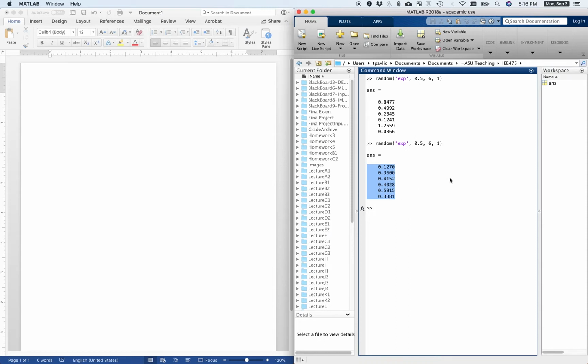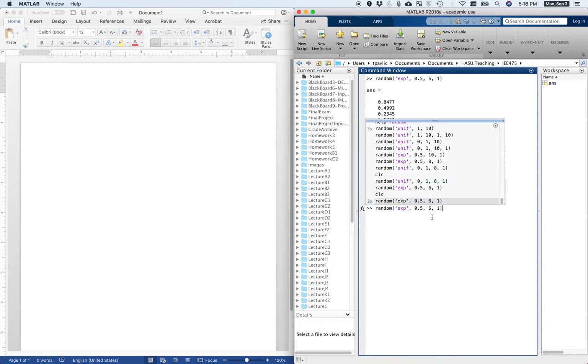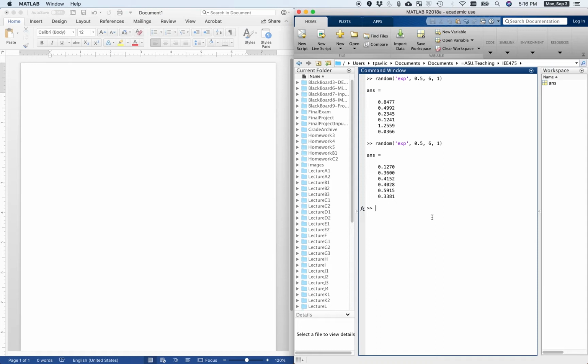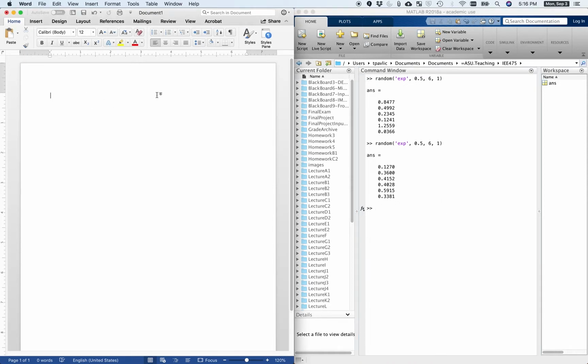We take those 6 numbers, and effectively what we're going to do is sort them. Actually, first I'm going to create a little table inside Word.